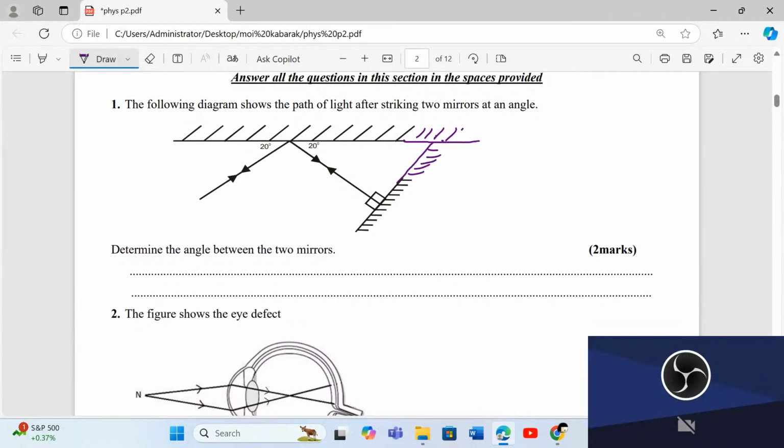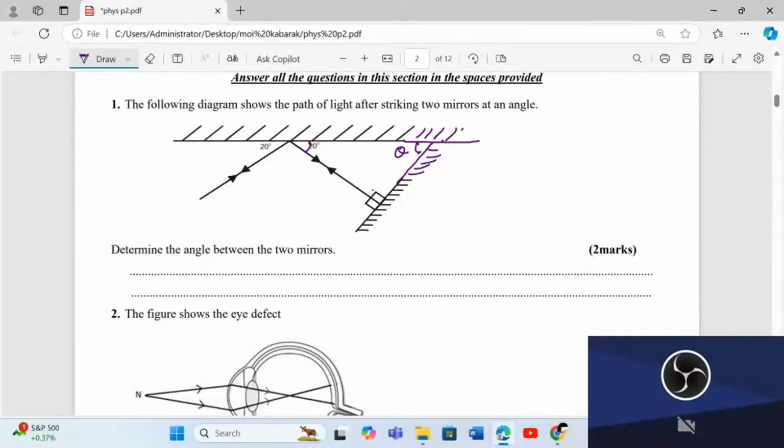Then, from the look of things, in this case, we can see that we are forming a triangle, and this is 20 degrees. Then now we should be asking ourselves, what about theta?